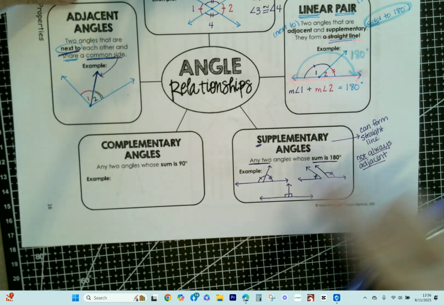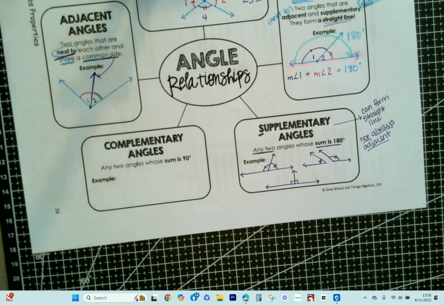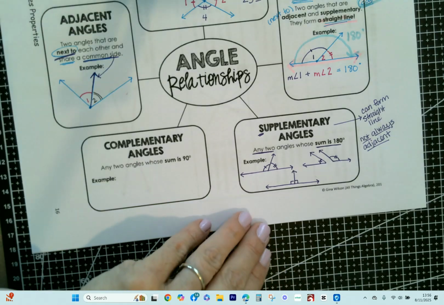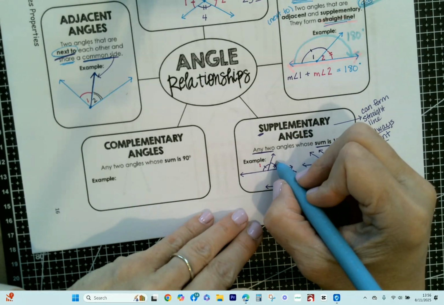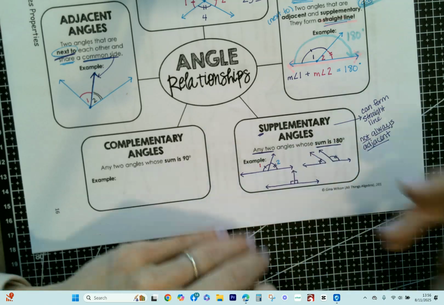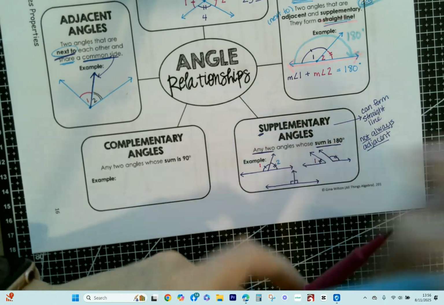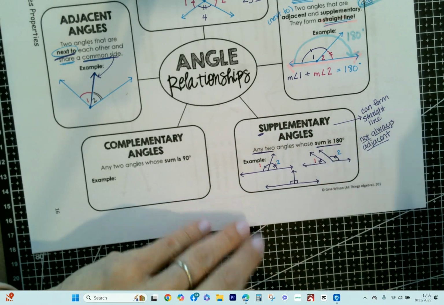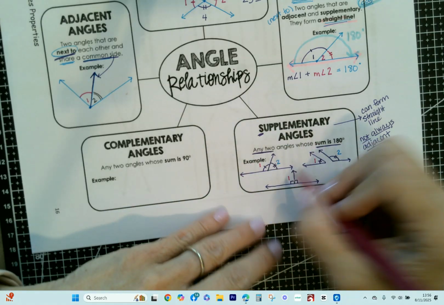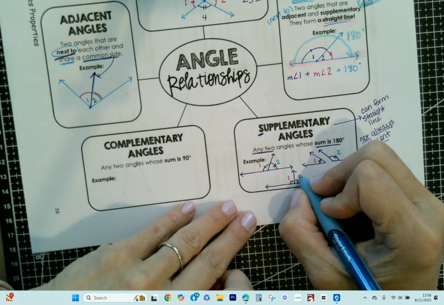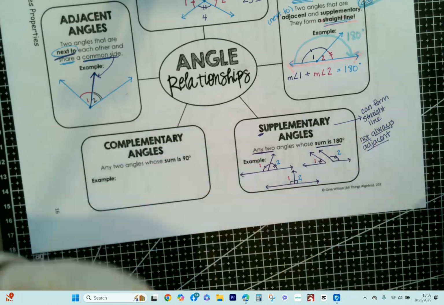We have this here, and these are some examples. So you have angle 1 and you have angle 2, and they add to 180. This angle 1 and this angle 2 will add to 180. This angle 1 and this angle 2 will add to 180.